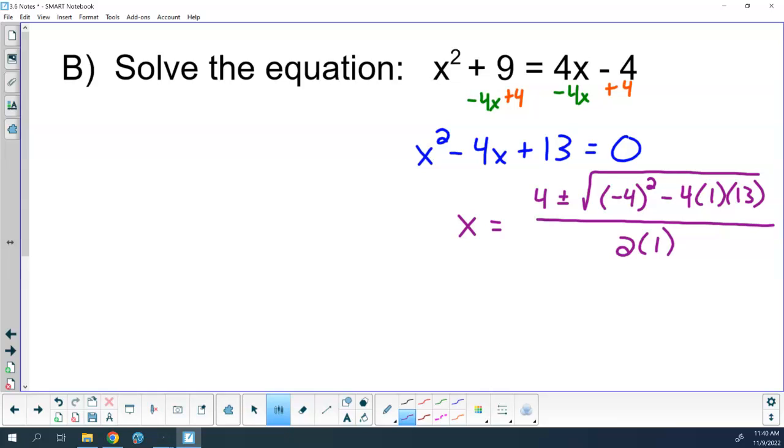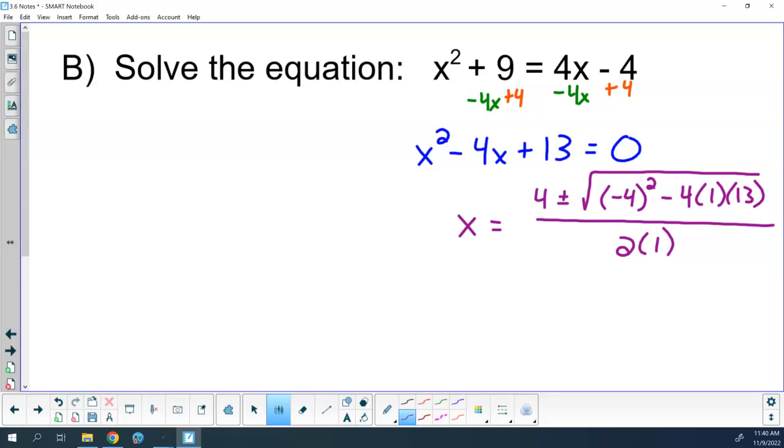Negative 4 squared, 16. 4 times 1 times 13, 52. 16 minus 52, negative 36.